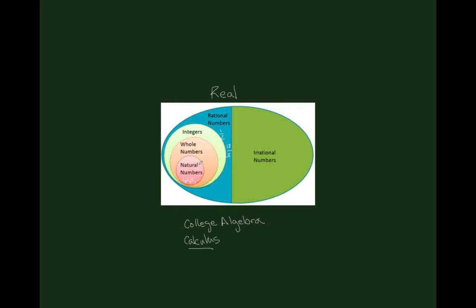Then we have the whole numbers, and you can see the set of naturals is a circle within the set of whole numbers. That means all natural numbers are whole numbers, but not all whole numbers are natural numbers. The difference is 0 is included in the set of whole numbers.